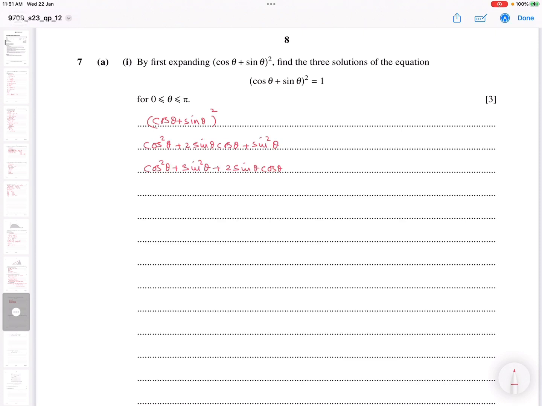And as we know that sine square theta plus cos square theta is 1, so we can write 1 plus 2 sine theta cos theta. Now consider the second, cos theta plus sine theta whole square is equal to 1.